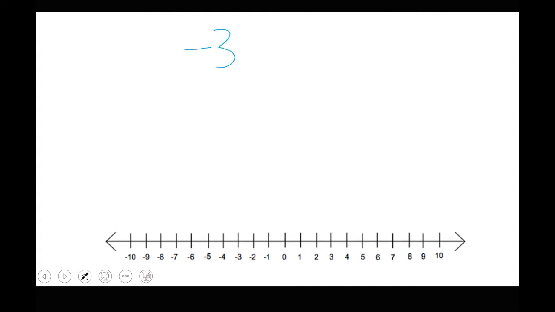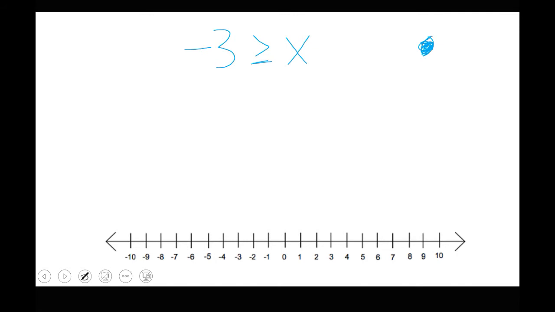-3 is greater than or equal to x. So we have the or equal to line there, so I'm just going to make a note so I don't forget in a minute. I'm going to close in that circle. And then what do you think? Is x bigger or smaller? If -3 is greater, that would mean x is smaller.